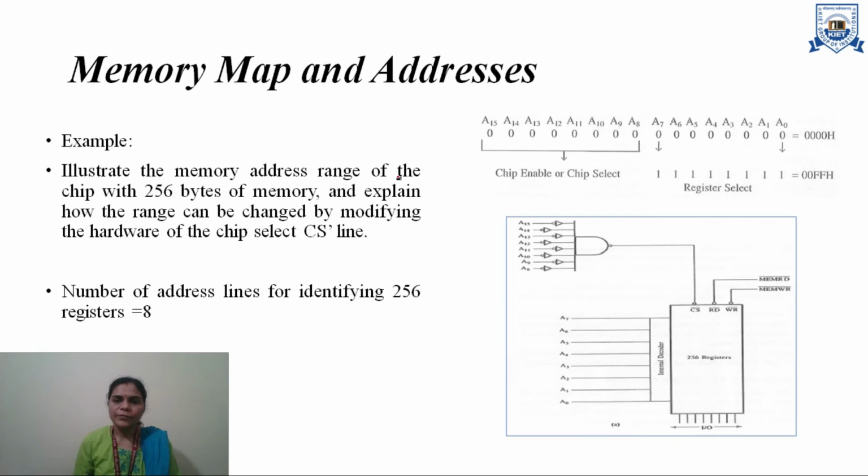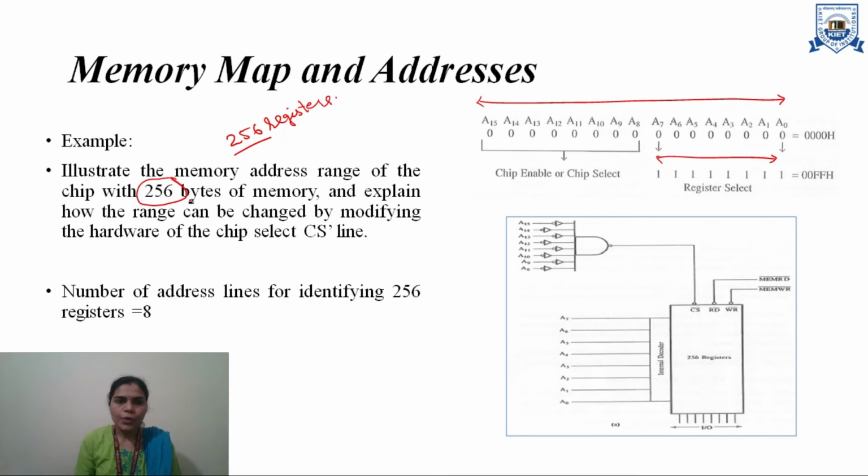Now, what will happen if we are using more address lines, but the chip has fewer address lines? For this, we have taken one example. Now we will address 256 registers in a chip. For 256 registers, we will require 8 address lines.